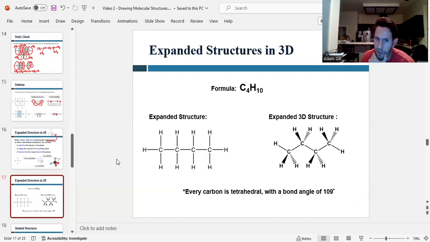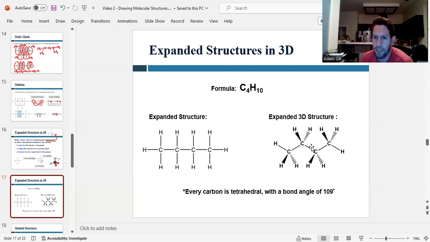So let's take a look at C4H10. Here it is with an expanded structure. But if we wanted to draw it with correct bond angles, instead of everything looking like 90 degrees, we would draw it this way. And this shows us the proper 3D orientation where everything has 109-degree angles.